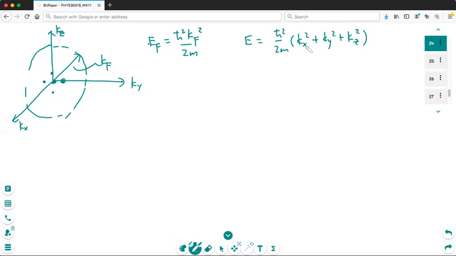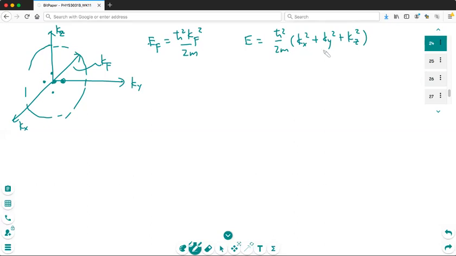I can have kx equals 0 to begin with, and the next one can be nx equals 1, 2 pi over a, 0, 0, and then nx equals -1, 2 pi over a, 0, 0. Then I move to ky, keeping kz and kx 0, and I move to kz and keep kx and ky 0.